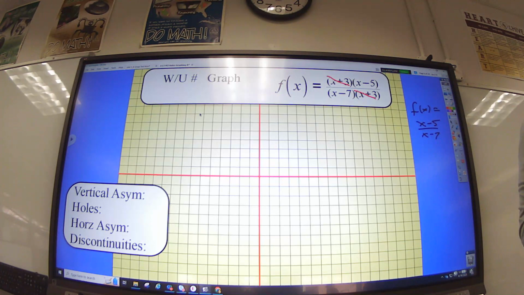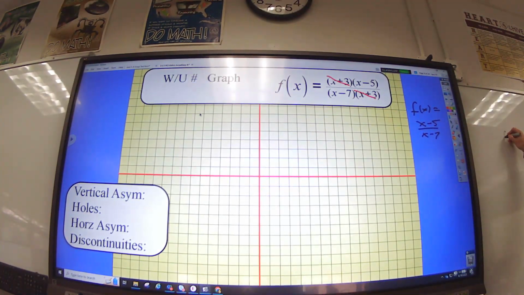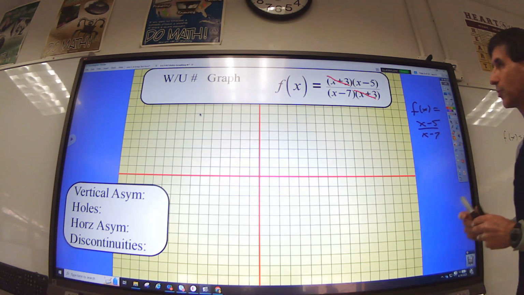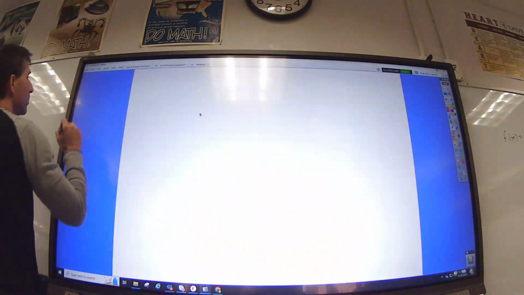So, see if I can flip through here. I have f of x equals x minus 5 over x minus 7. Let's see if we can put all our information on a new file, new flip chart.